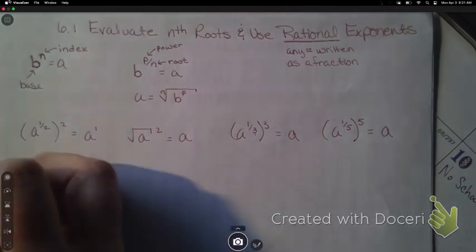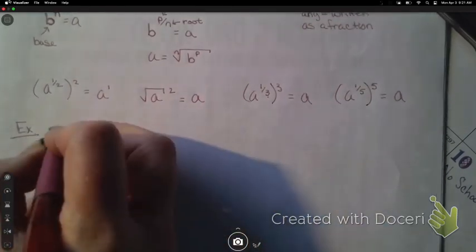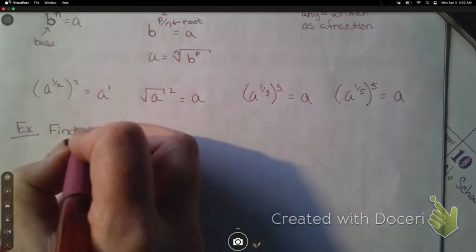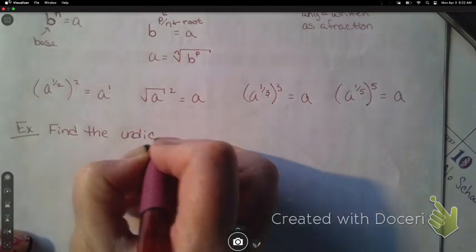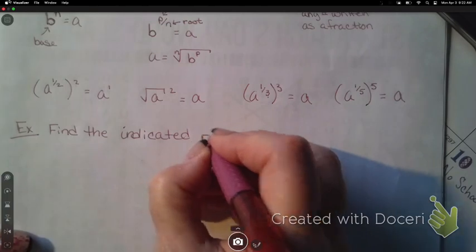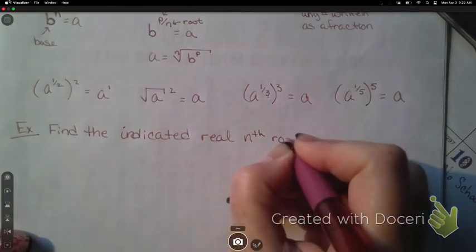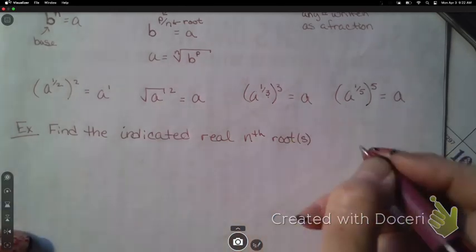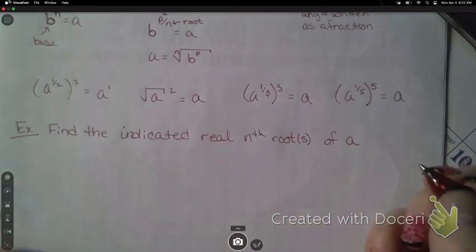Okay, so we're going to do an example. And the directions are going to say find the indicated real nth root or roots, there could be more than one, of A. Okay, that's what they say.